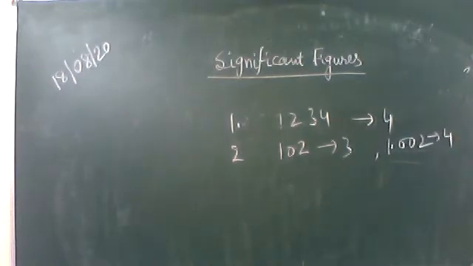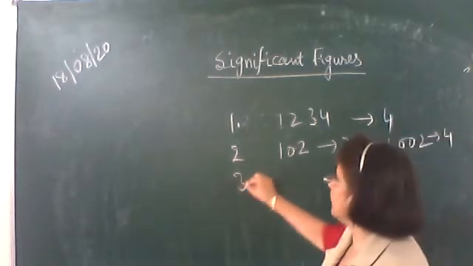Then the third rule is about a number less than 1, which starts from the decimal point.